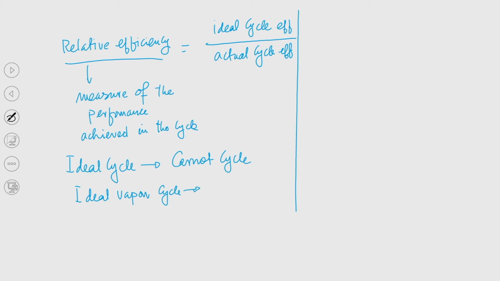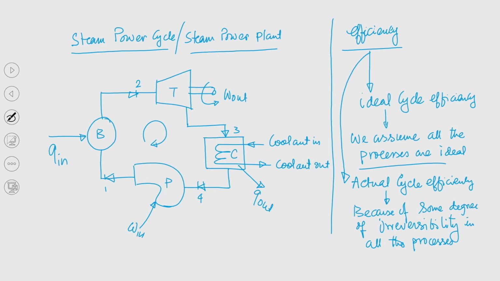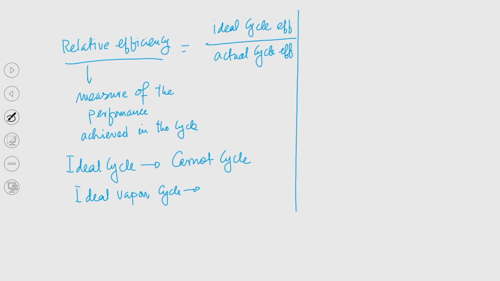So, basically this is the steam power cycle, but sometimes it is also known as the vapor power cycle. So, if the Carnot cycle is considered first, then the ideal vapor cycle should be the Carnot vapor cycle.